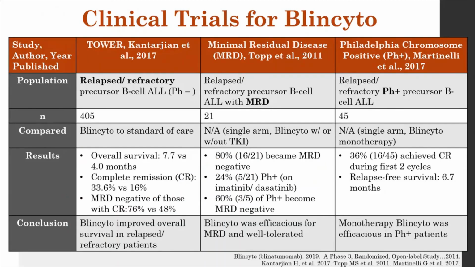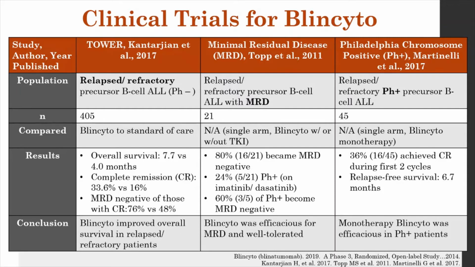Now I'm going to go over 3 important clinical trials for Blincyto that are relevant to our patient case. The first being the TOWER study, which was the major study that led to the approval of Blincyto in patients with relapsed refractory precursor B-cell ALL, which is applicable to our patient because he has refractory disease. Although the study excluded Philadelphia chromosome-positive patients, which is a limitation.